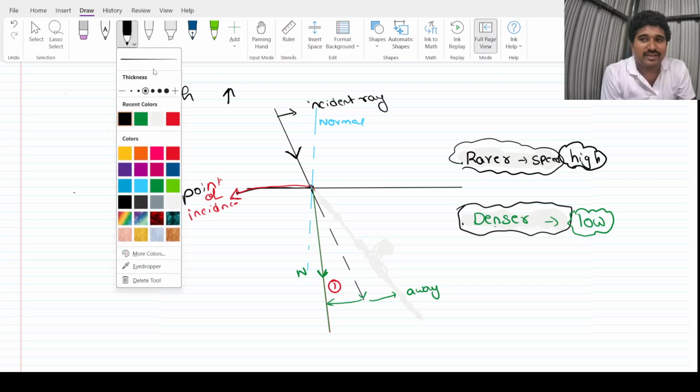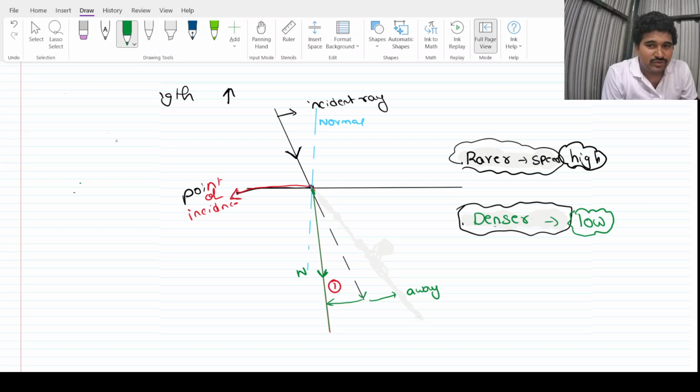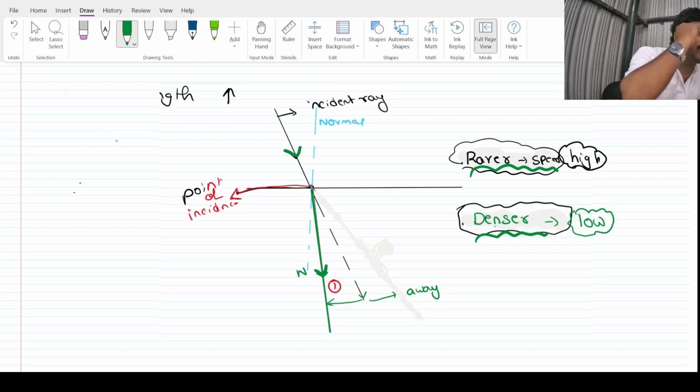The light will bend towards the normal. If this is the incident ray, this is the refracted ray. When I am traveling from rarer medium to denser medium, this will bend towards the normal. Keep this in mind. It will bend towards the normal.